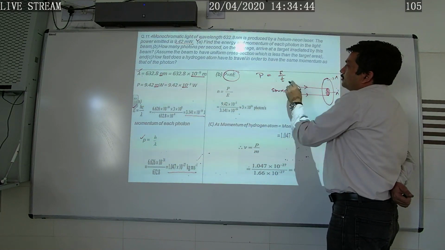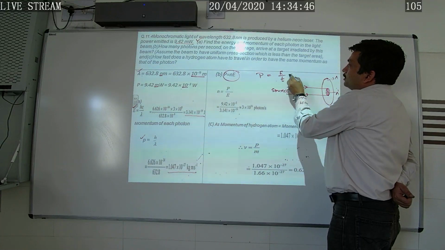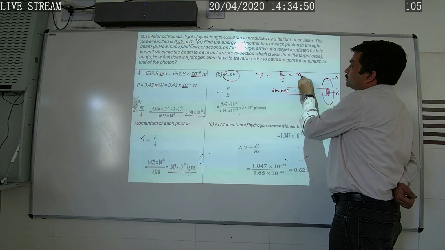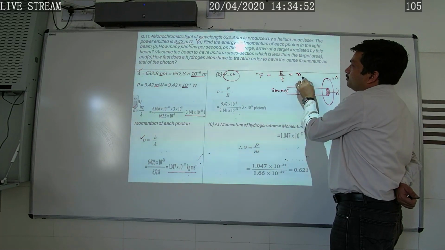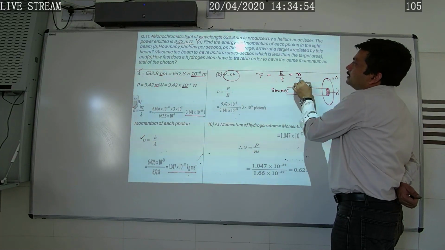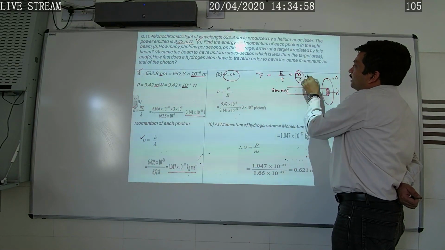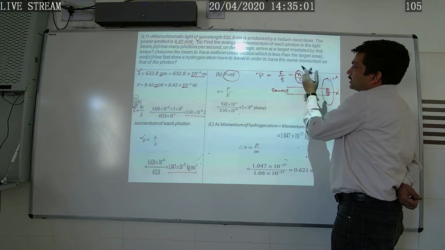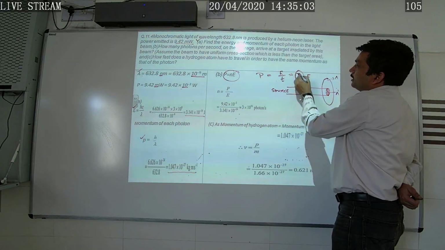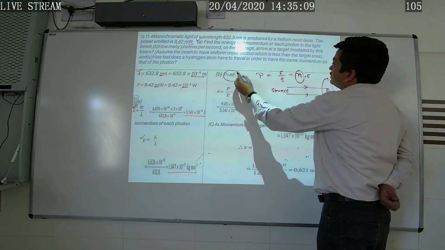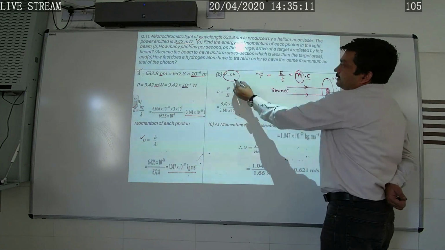Here N denotes the number of photons emitted per unit time, taken per second, so N is the number of photons per second, and that is why P equals NE is written.